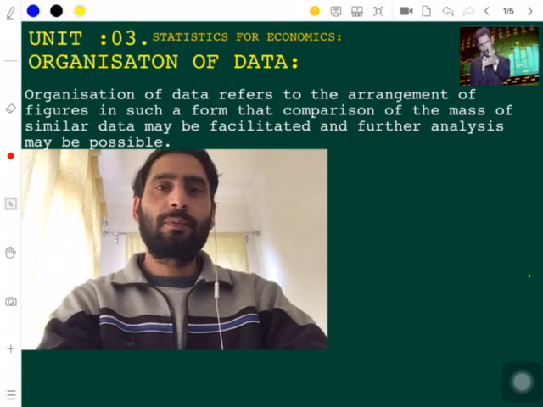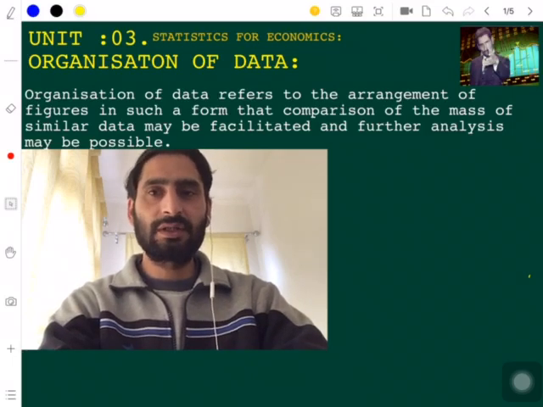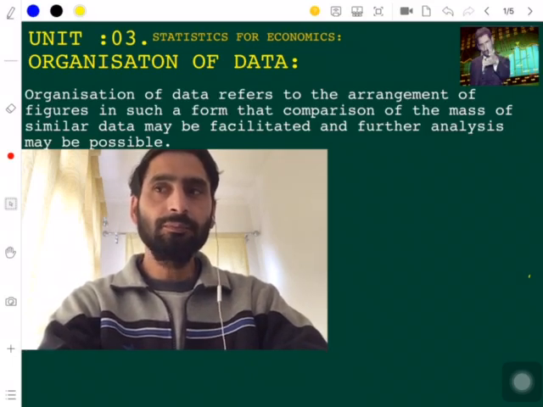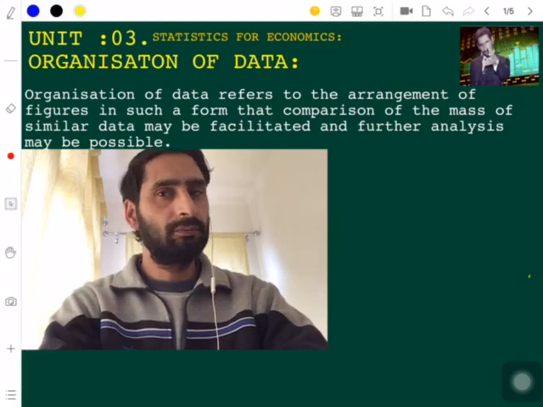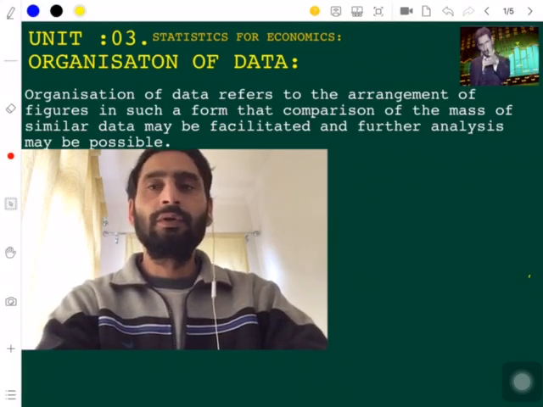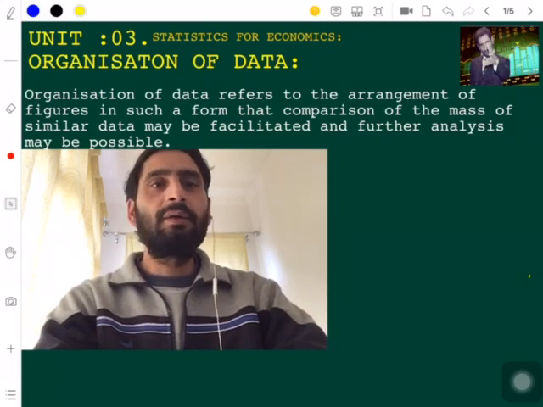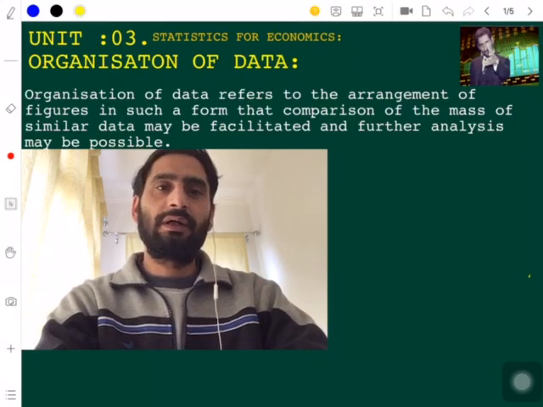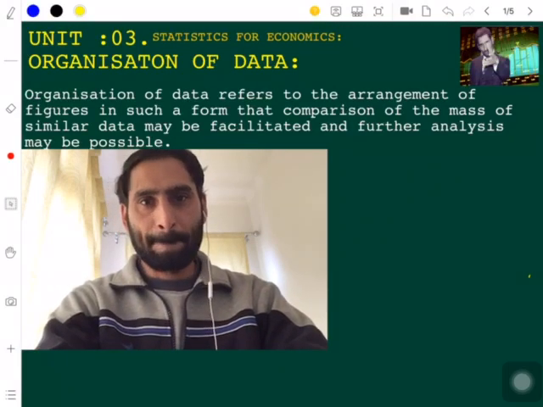From the definition we proceeded, and the singular definition of statistics itself said that it is collection, organization, analysis, interpretation, and presentation of data. The second part, that is organization of data, is what we are going to start off with today.